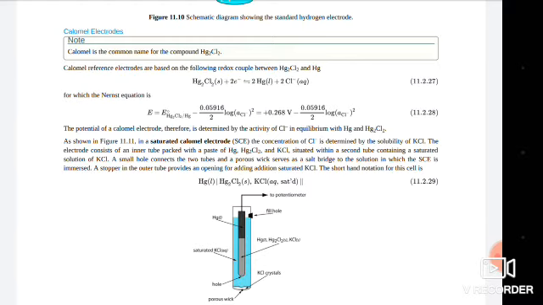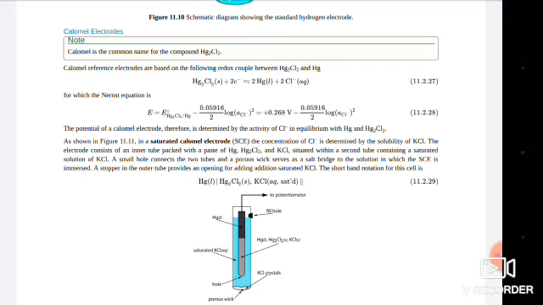E is equal to E naught of Hg2Cl2/Hg minus 0.05916 divided by 2 log of the activity of Cl minus ion squared, which is equal to plus 0.268 volt minus 0.05916 divided by 2 log of the activity of Cl minus ion squared.